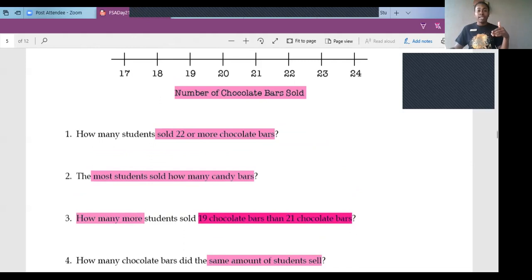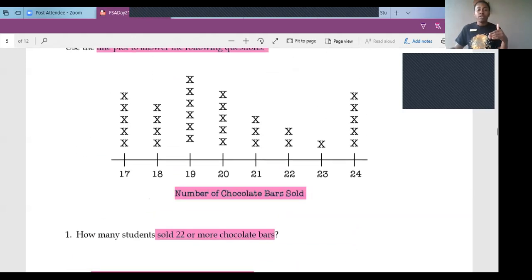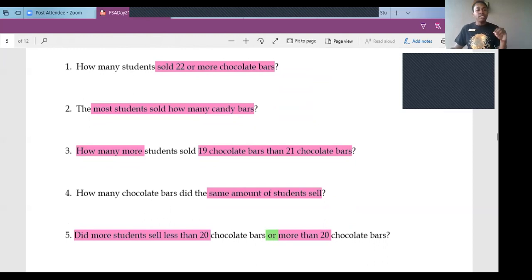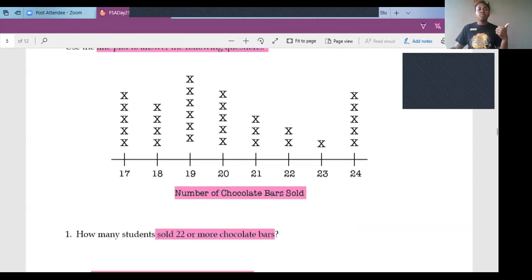So when we look at our line plot, we're looking for the numbers with the same amount of X's. We see 17 is equivalent to 20, which is also equivalent to 24. So they have the same amount of X's. So the answer is 17, 20, and 24, okay?